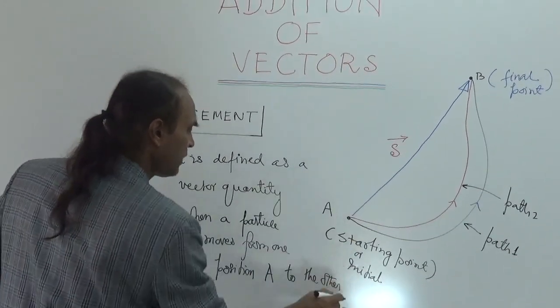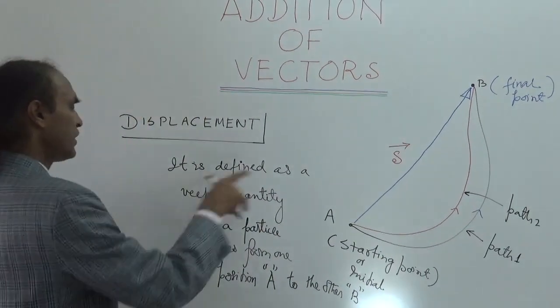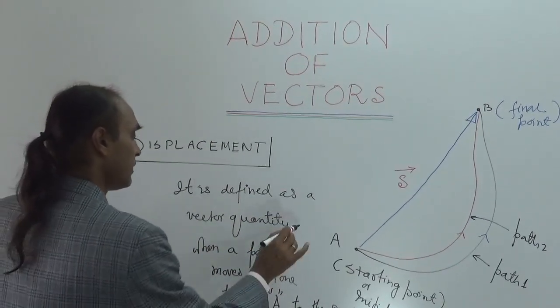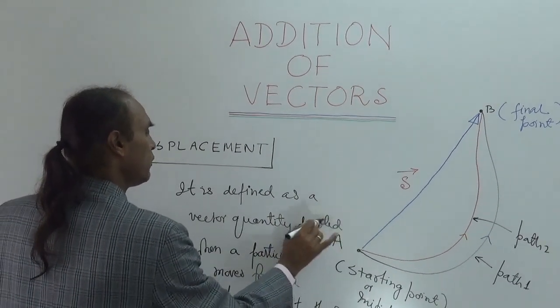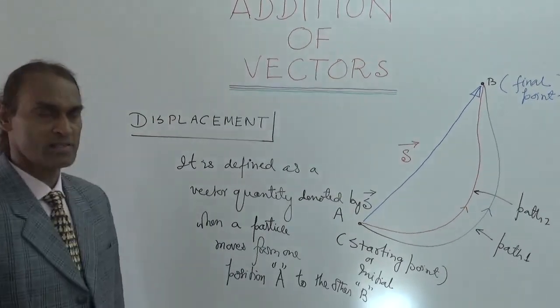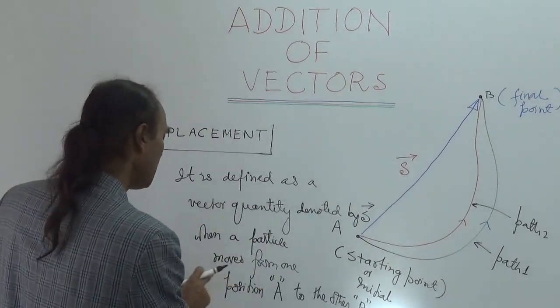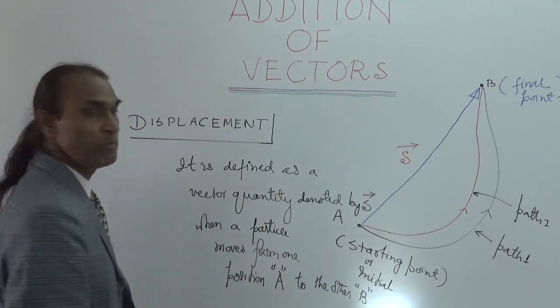What is the other position? Or the final position? B. It is defined as a vector quantity denoted by the symbol S. When a particle moves from one position A to the other position B.